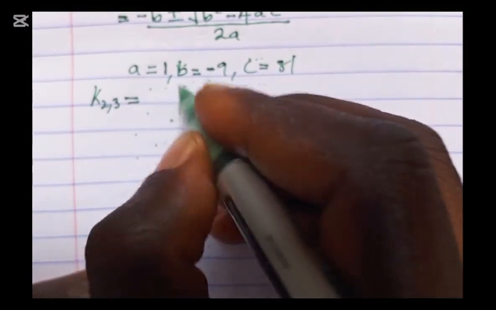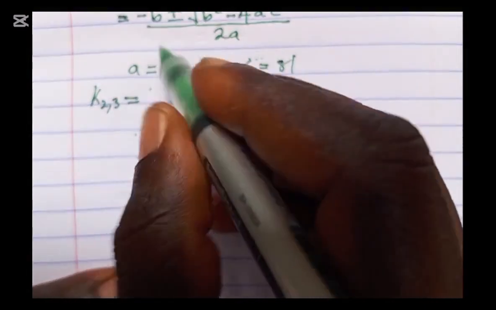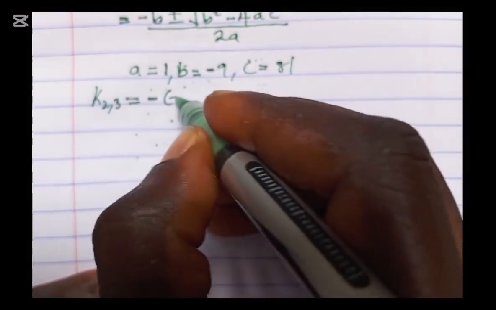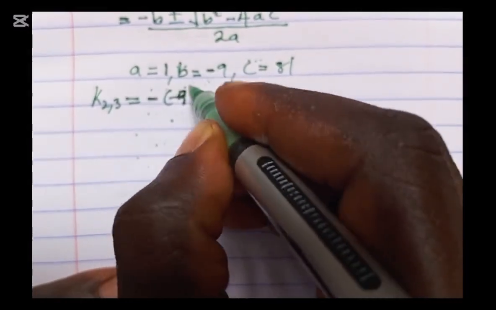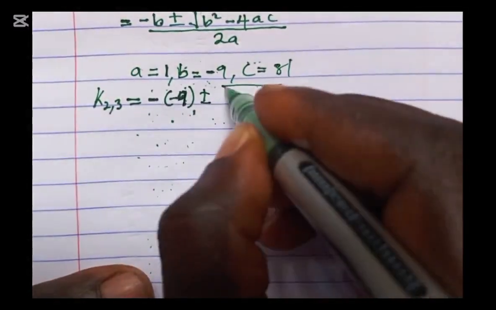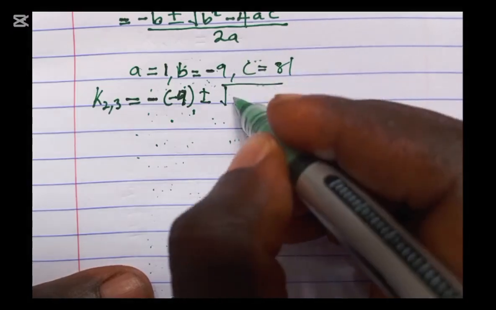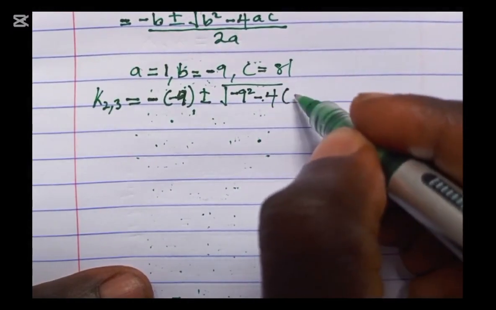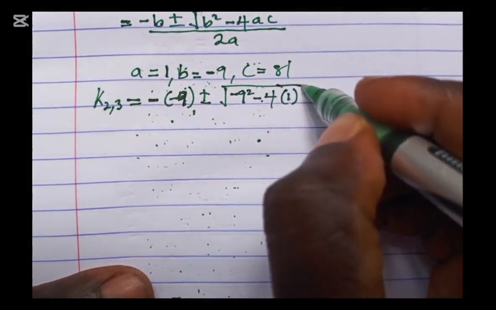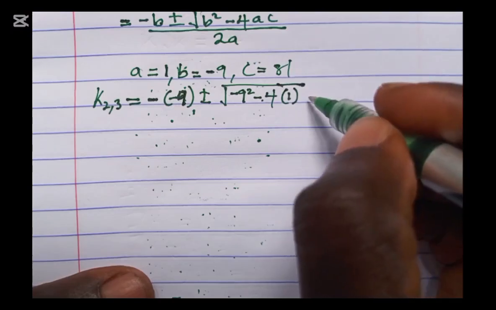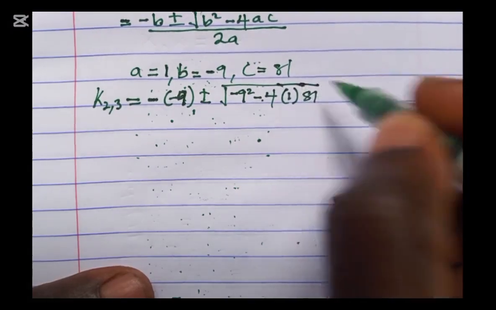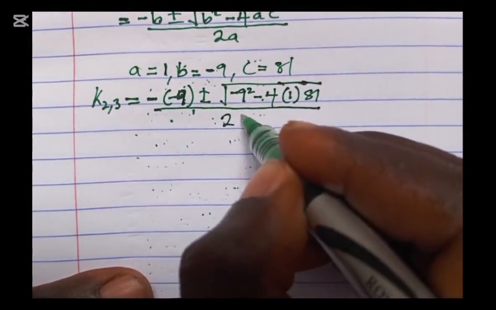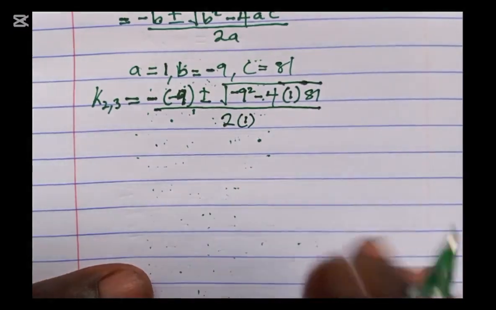So k2, 3 will now give us, what's our b here? Minus 9. So we have minus into minus 9 plus or minus the square root of b, that's minus 9 squared, minus 4a, a is 1, then c is 81, divided by 2a, which is also 1.